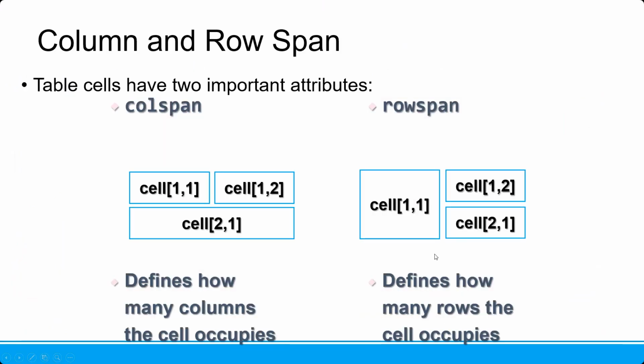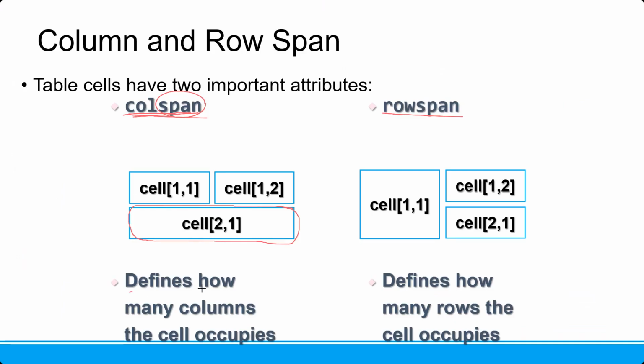Now, in the table, there are also other possibilities to make a span. So what is the span? This is the column span and row span. If it is a column span, it means the columns can be integrated or merged.